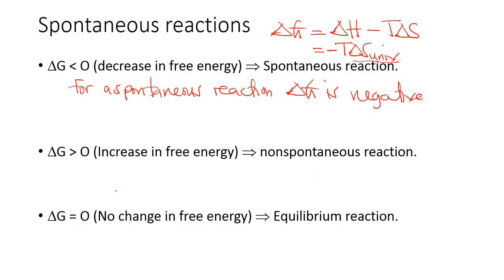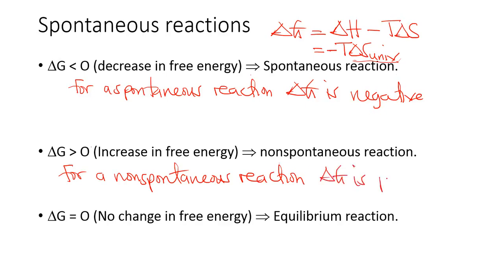For a non-spontaneous reaction, delta G is positive. So the change in Gibbs free energy will be positive for a non-spontaneous reaction. A non-spontaneous reaction is a reaction that is not likely to occur on its own.